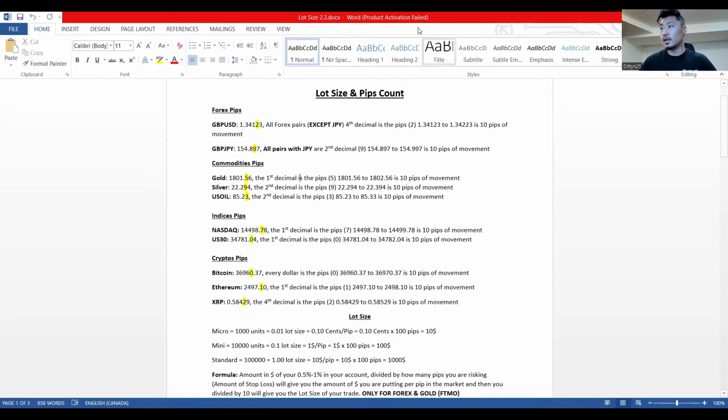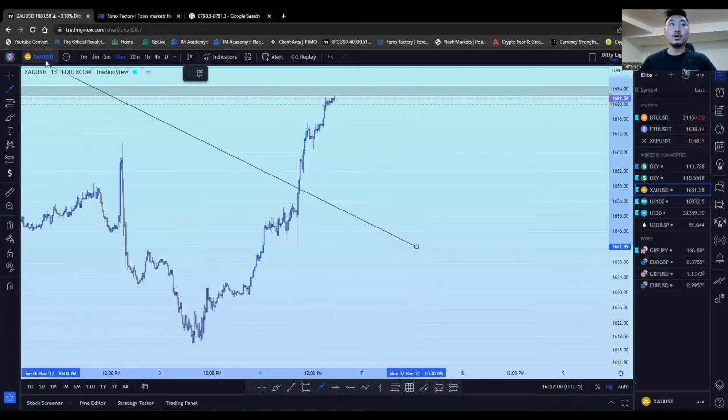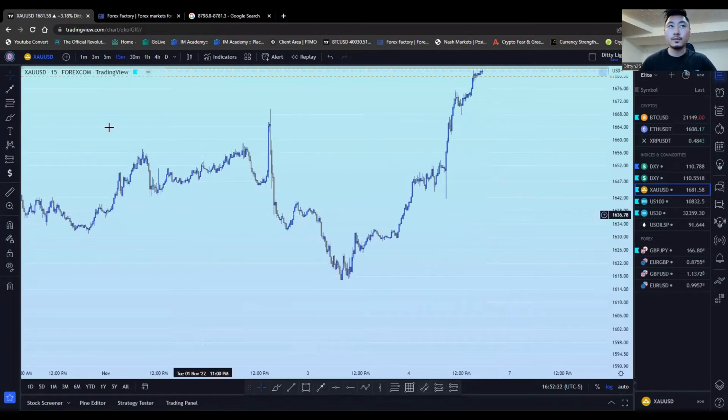Okay, so we're gonna go on the chart. There you go. The symbol of gold in MT4, right? Me, I'm using MT4. You can use MT5 or cTrader, but what I use is MT4. So here, the symbol of gold is XAU USD. Okay, for most brokers, it can be different from another, but if you see XAU USD, that is the symbol of gold.